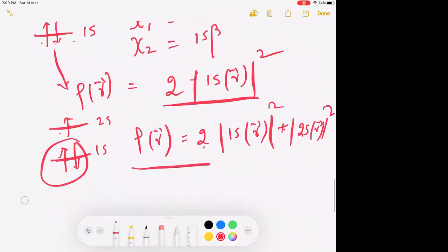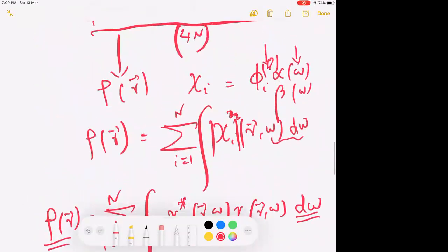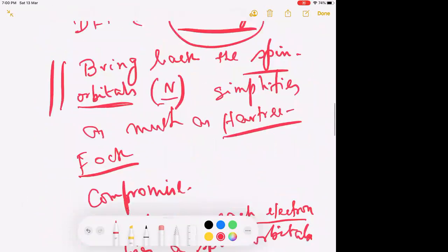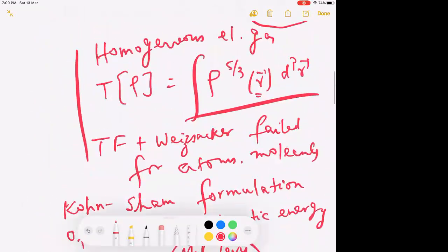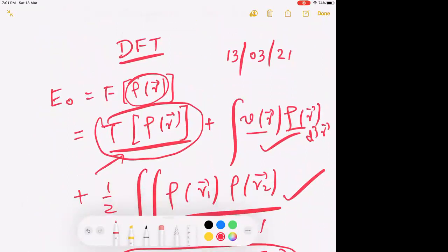So the density can be obtained very easily from such 1-electron spin orbitals, as I wrote here. So what Kohn and Sham said is that although I have just the spin orbitals, these spin orbitals will immediately give me the density. So I can join Kohn-Sham, I can join the DFT, by saying that I know at least the density. That still doesn't solve the problem.